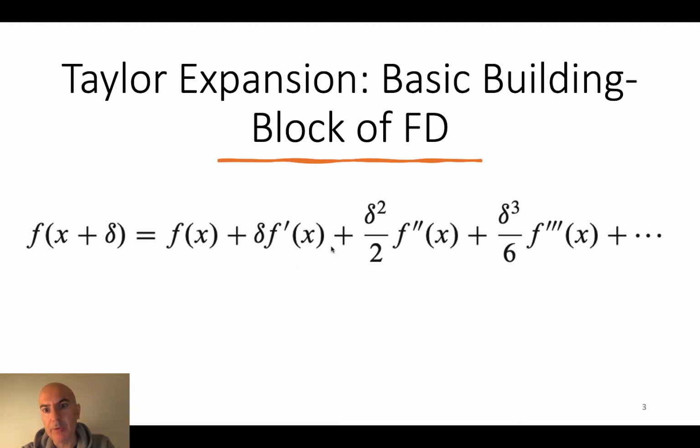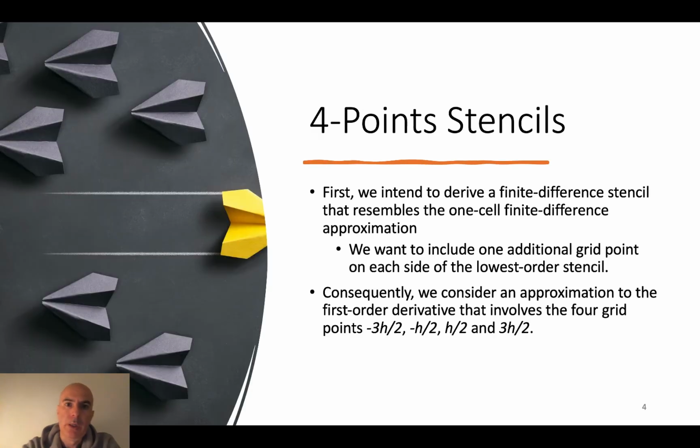In the current lecture we are going to take the second order derivative and third order derivative to derive these higher order schemes. What we're going to look at in this lecture is the derivation of a 4 point stencil. That means that for the calculation of our derivative we are going to take into account 4 points. We intend to derive a finite difference stencil that resembles the centered finite difference approximation that we saw in the previous lecture. We also want to include one additional grid point on each side of the lowest order stencil.